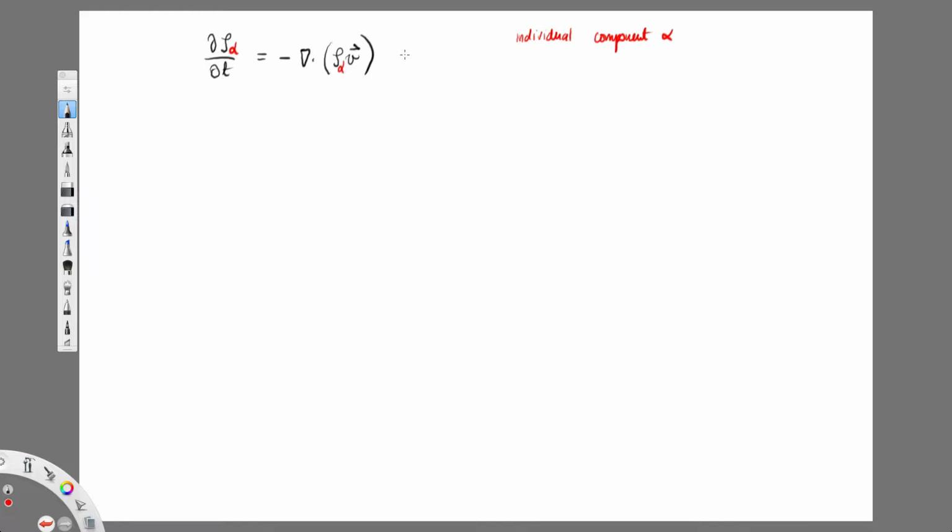And then what else is missing? I'm now looking within the individual phase, and these alphas might be moving around because of concentration gradients. So that's something that I need to add to this portion, and what is that going to be? So this is plus R alpha, and minus what?